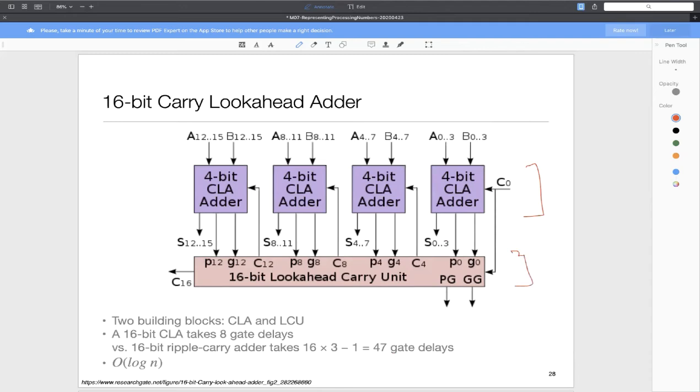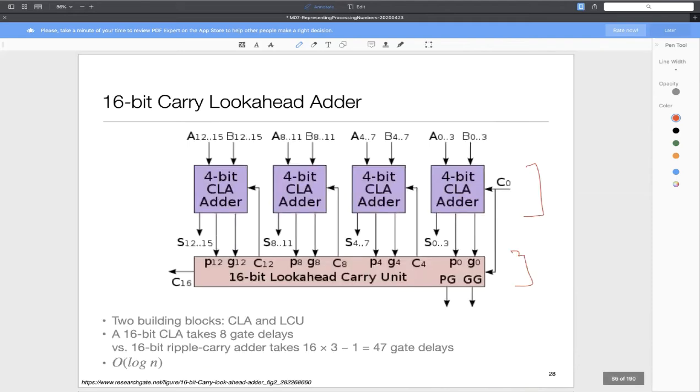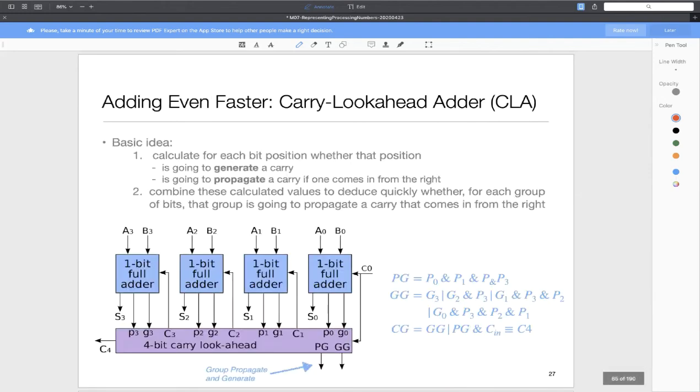If I want to make a larger adder, I can do another one. So it looks like a tree structure, where 4 adders feed into a carry look ahead unit, then 4 groups of 4 feed into another look ahead unit, and I can repeat this process. This is a trickier adder to understand, but what happens now is that I'm forming a tree.